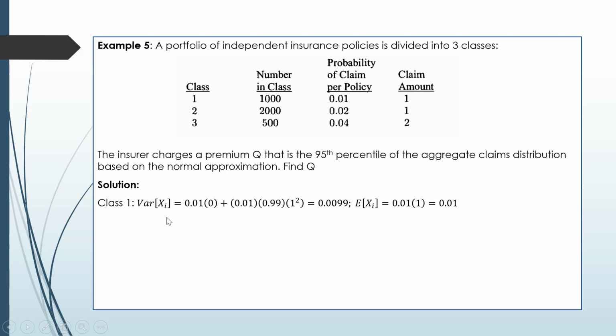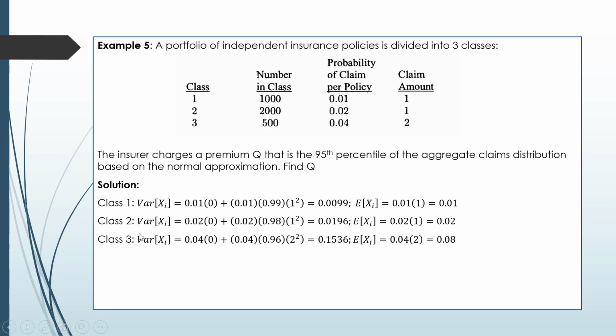So the variance of a policy in this class is 0.0099, and the expected value is just 0.001. Similarly for the other 2 classes, the variance of a policy in the second class is 0.0196, and the expected value is 0.02. For a policy in the third class, the variance is 0.1536 and the expected value is 0.008.